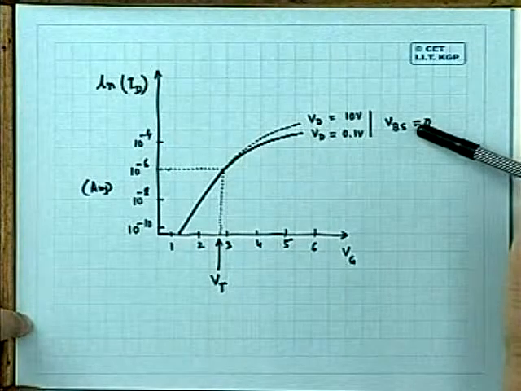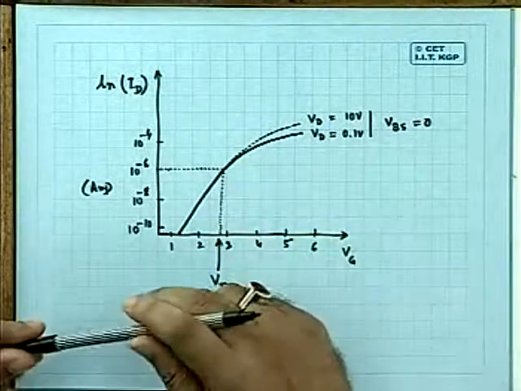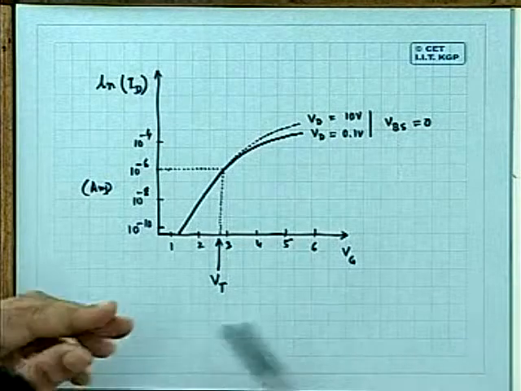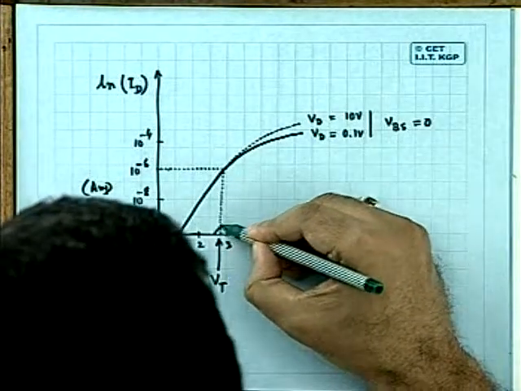This is under the assumption that no substrate bias has been applied. If you repeat the same experiment with a substrate bias applied, you will find that the curve simply shifts, otherwise there is no basic change.